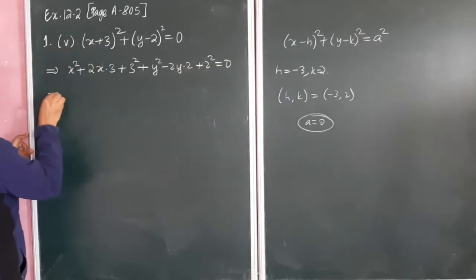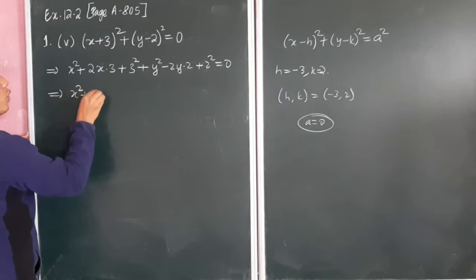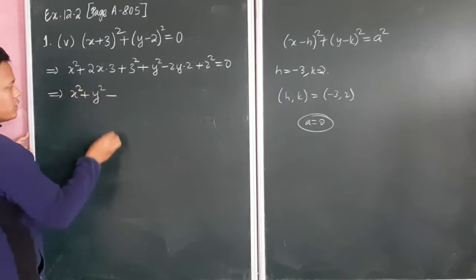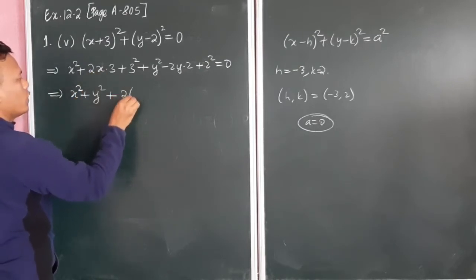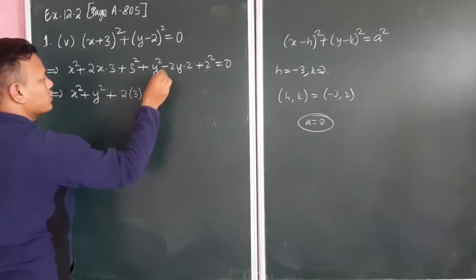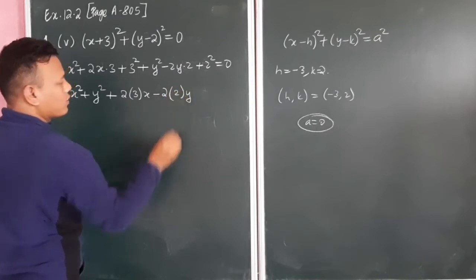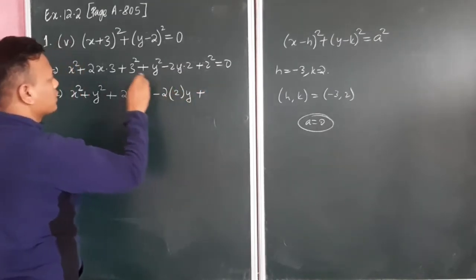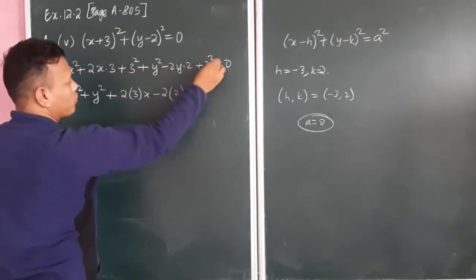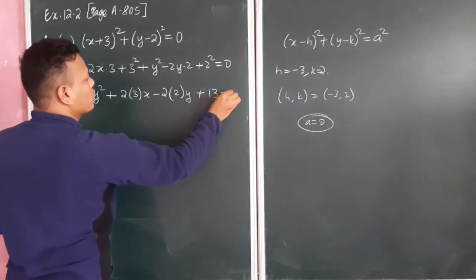So we have from here x square plus y square plus, this can be written as 2 into 3 into x. Now this can be written as 2 into y, isn't it? So we have plus, so 3 square is 9, 9 plus 4 is 13 equals to 0.